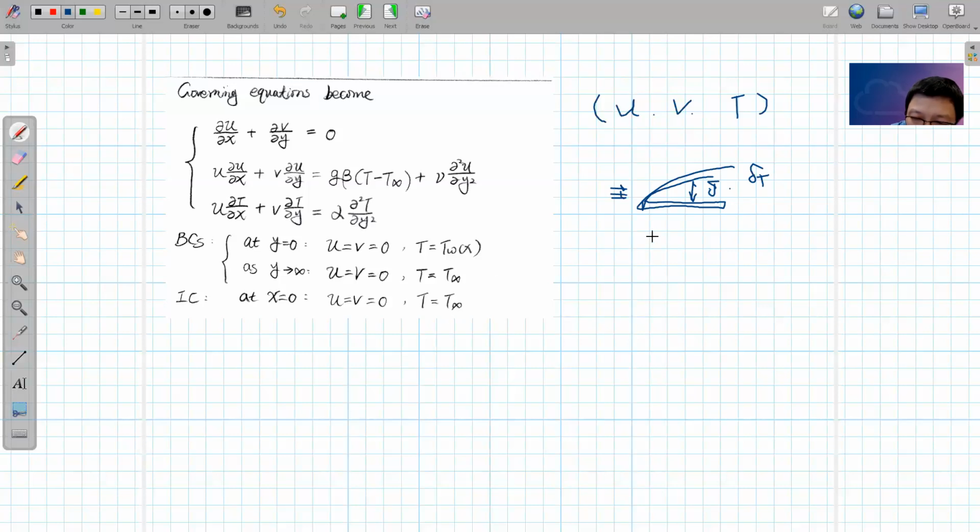You remember we did the scaling analysis, and we also did the integral method.